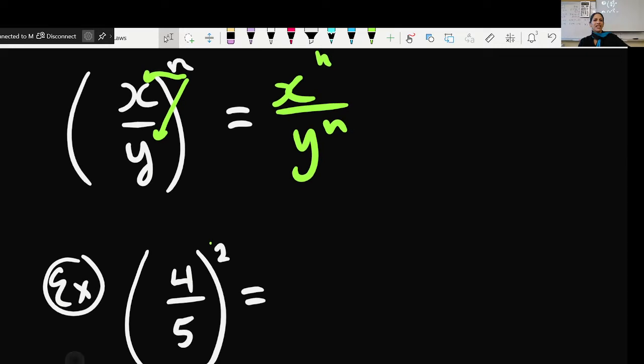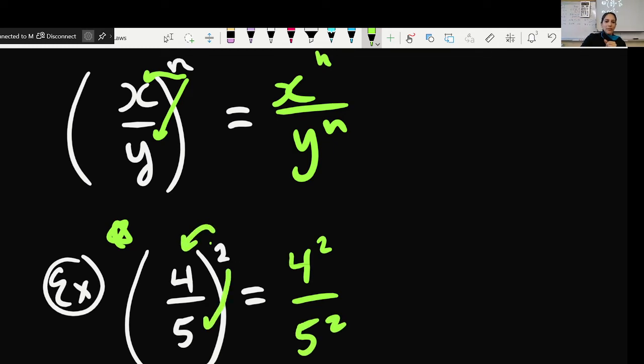So maybe by looking at that, somebody want to tell me what we would get in this example here? Four squared over 5 squared. So this 2 has to go to the top and the bottom. And what is 4 squared?